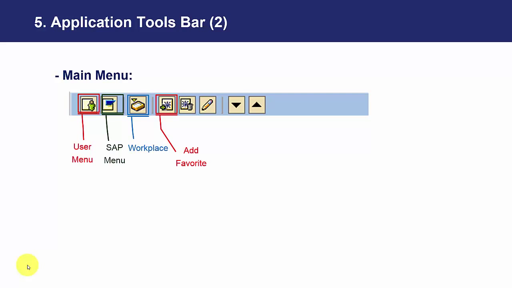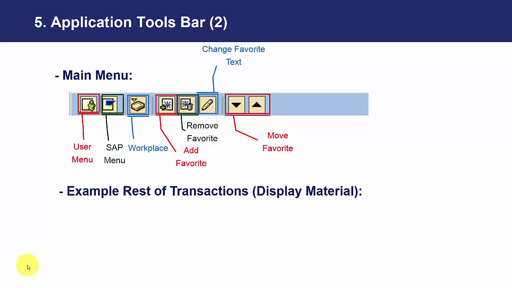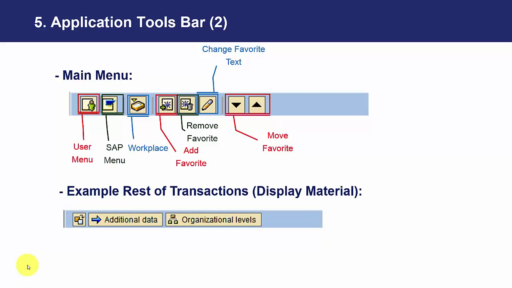We can add a transaction as a favorite, or we can remove one, and we can change the text in a favorite we have already saved. And we can also use these two buttons to move one favorite transaction or one favorite folder up and down. In the rest of transactions, we are going to have different buttons.